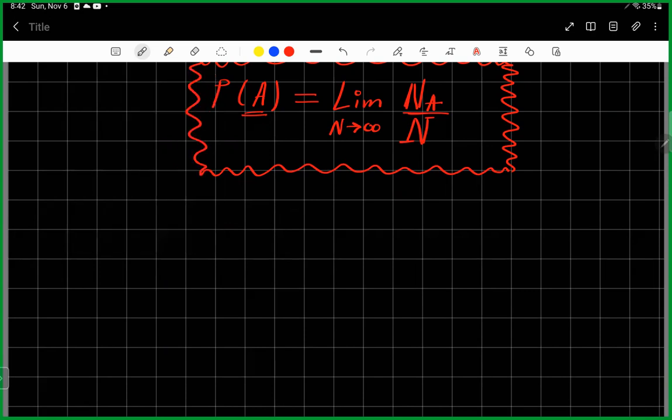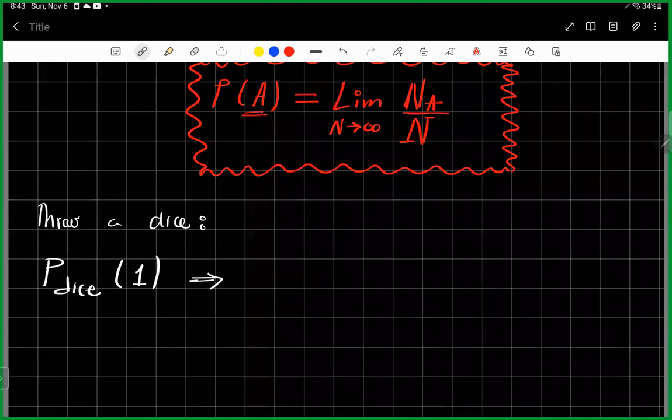So here I'm going to throw a dice. Now, the probability for a dice. To get a one, let me think.